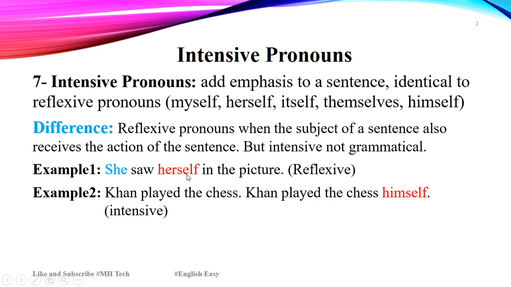So it's reflexive because herself received the action of the subject, the action of saw, but these two actions are the same in this example. So here himself just adds emphasis to a sentence. If we remove himself from here, the sentence meaning is still complete.